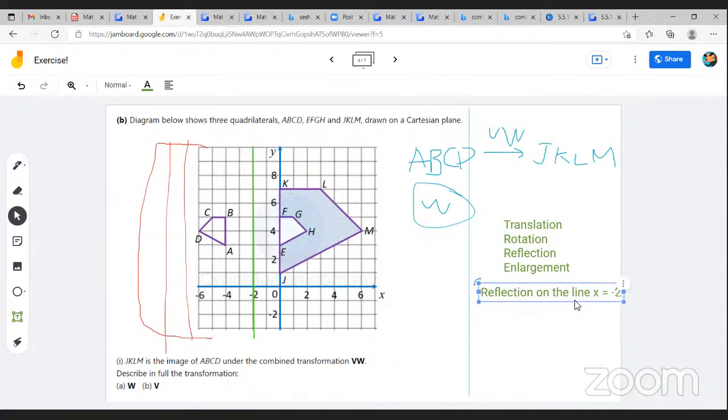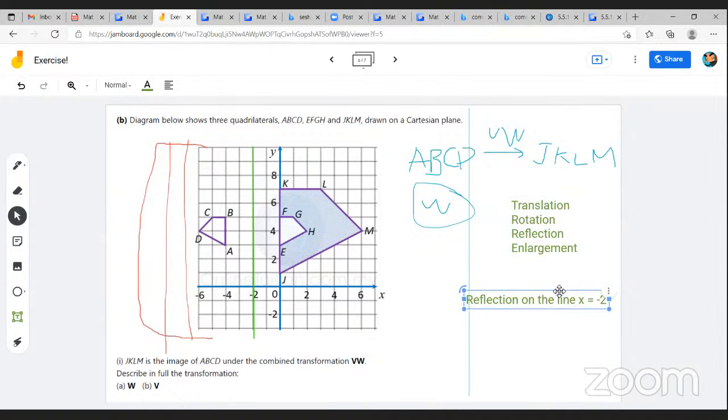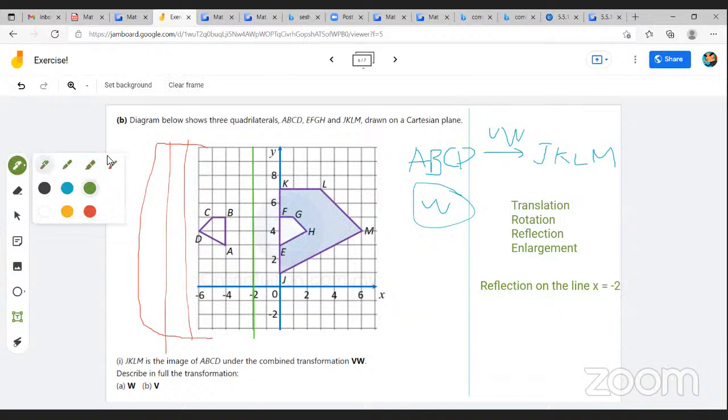So whenever it comes to description, reflection is the simplest one. You just write reflection on the line x equals -2 or y equals something, or it can be something else entirely. Sometimes the line will be confusing like this. Wait, let me try drawing a certain kind of line.